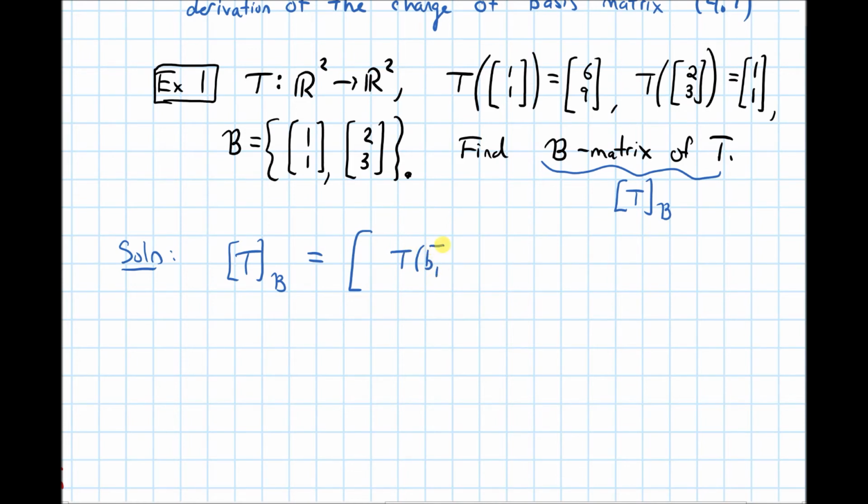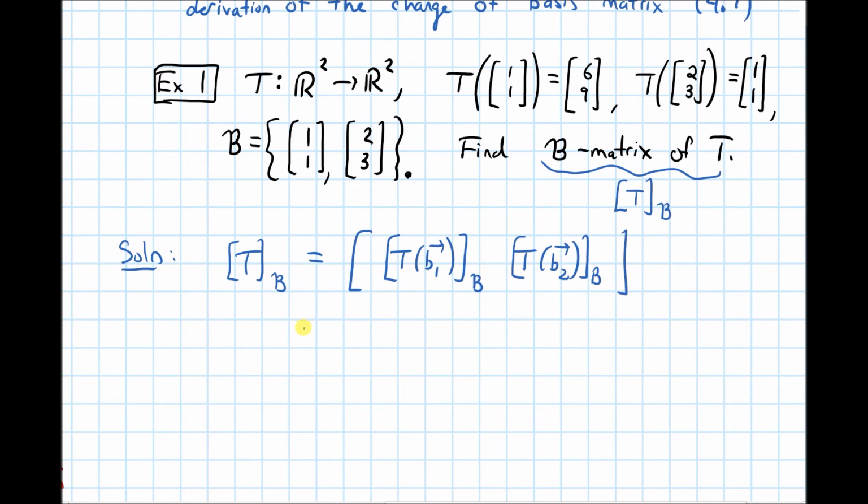So I'll do T of B1, and then I find its coordinate vector in terms of the basis B. And then I go to the next basis vector, so I'll do T of B2, and then write that as a coordinate vector. This is actually where I'd stop because my basis only has 2 vectors in it. But if my basis had more elements, like 4 elements, then I would have gone to T of B4.